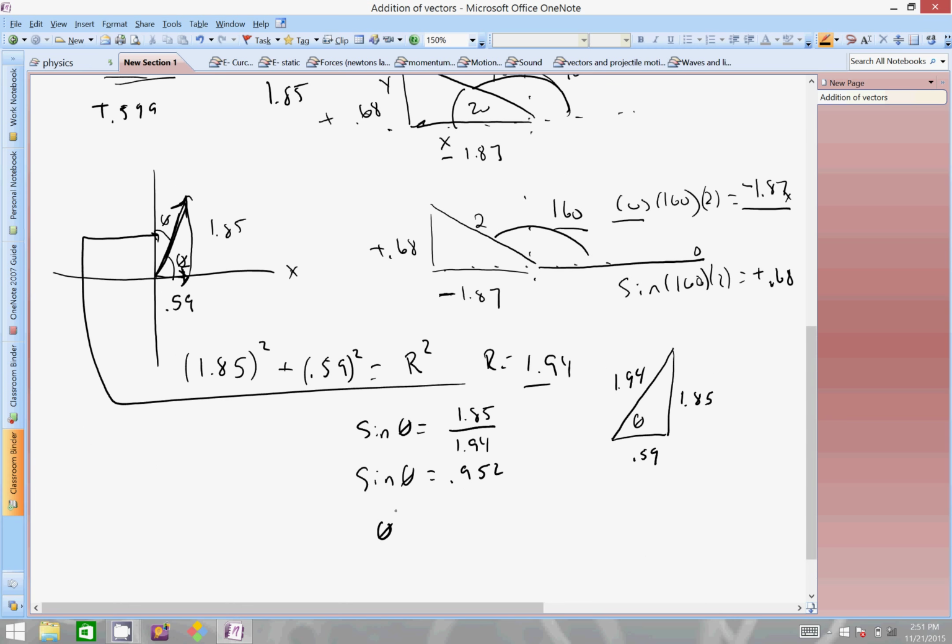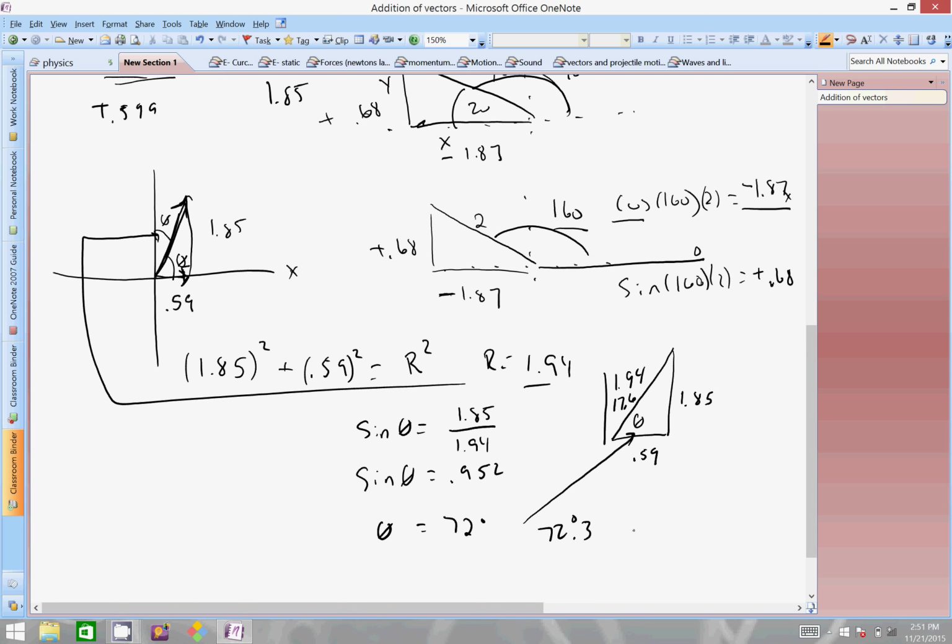So the inverse sine of that answer is equal to 72 degrees. So this angle right here is 72 degrees, and this side would be 17.6 degrees. There's some rounding there that I missed, so that would be overall 17.6.